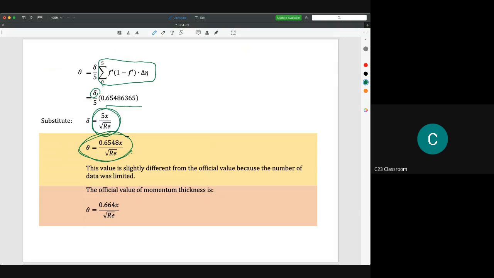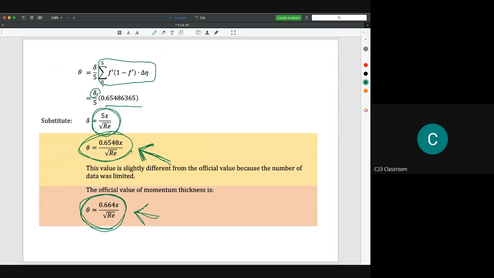Okay, and if you read a textbook about the Blasius solution, it is normally assumed that the value of theta is equal to 0.664x over square root of Reynolds number. The difference in value here is not because our calculation is wrong.